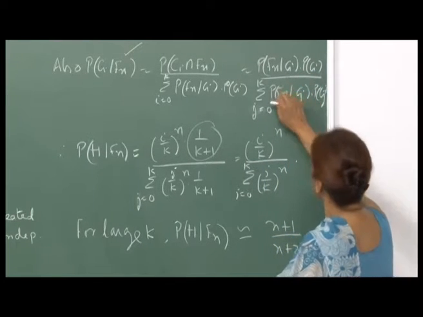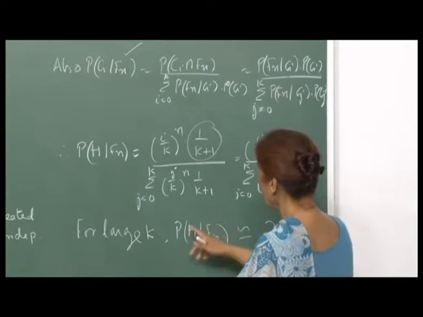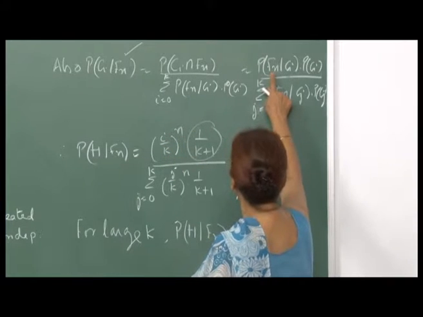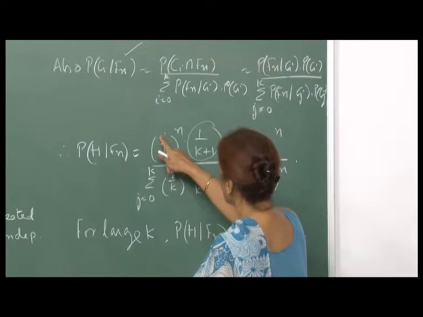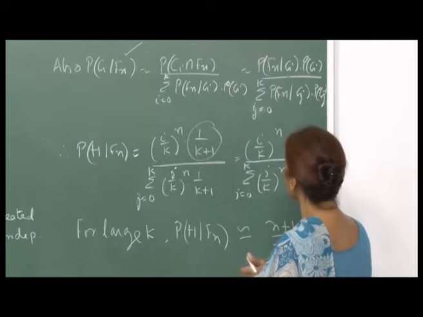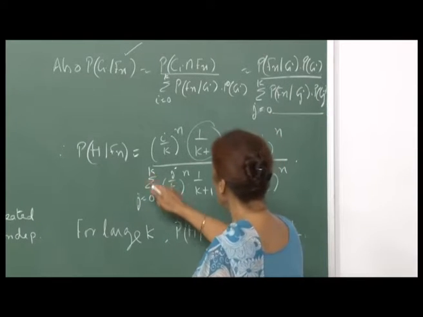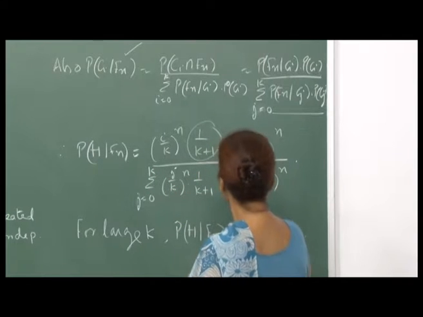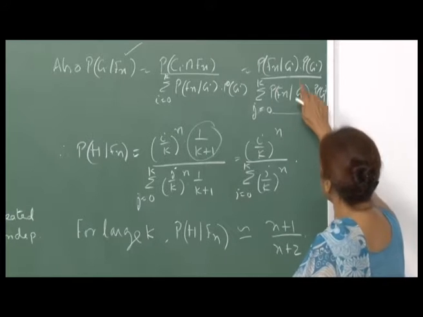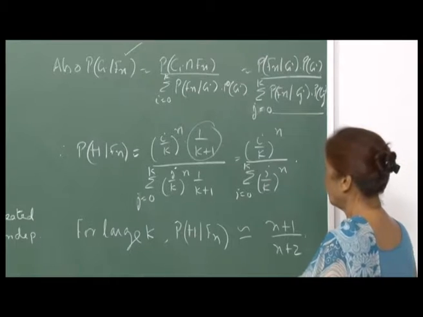Now probability of f n given C i, since the things are conditionally independent, the probability of picking up a head remains the same. So, when you want to pick up n heads, this will be i by k raised to n, and probability of C i will be 1 upon k plus 1, right. And then here similarly, this is summation j varying from 0 to k, j by k raised to n, and 1 upon k plus 1, because now here your j is varying. This corresponded to the ith coin that you have chosen.